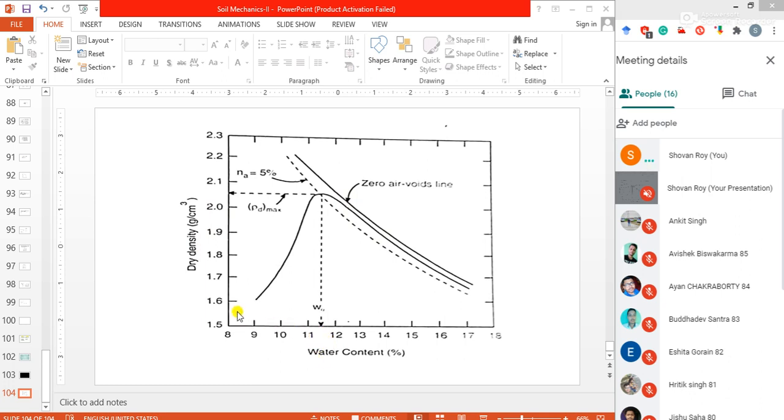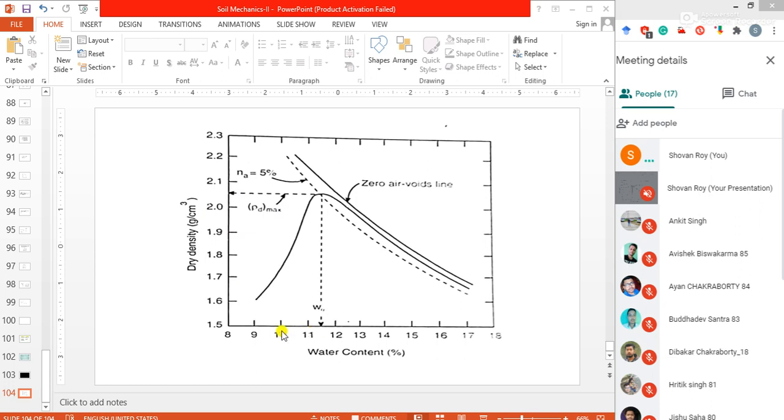Suppose you add 9% water and compact your soil, and you get some density value as well as the dry density value corresponding to the water content. Same when you add 10% water to your soil: after compaction, you get some density as well as the dry density.